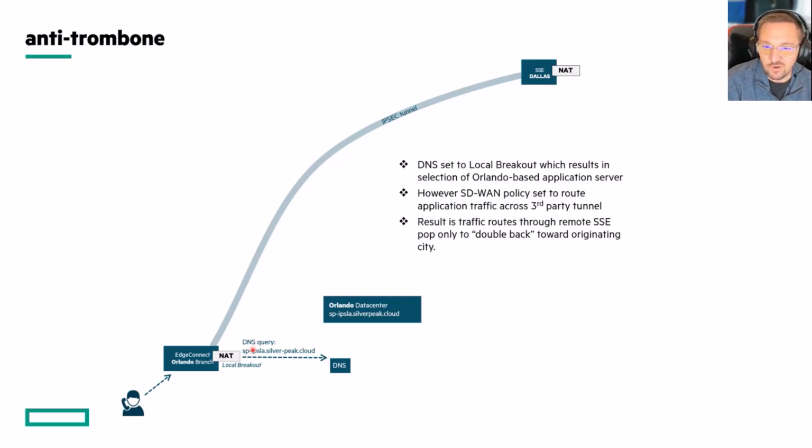Because if the DNS queries break out locally, like if you have your EdgeConnect configured to break out 8.8.8.8 to local breakout, that means that the DNS queries are going to hit a local name server, like in Orlando. It will anycast to the closest 8.8.8.8, and that local Orlando or Central Florida-based 8.8.8.8 is going to respond with the closest IP for sp-ipsla.silverpeak.cloud.